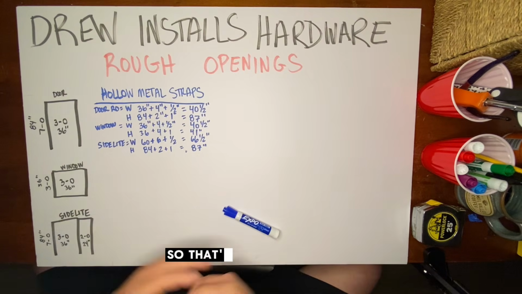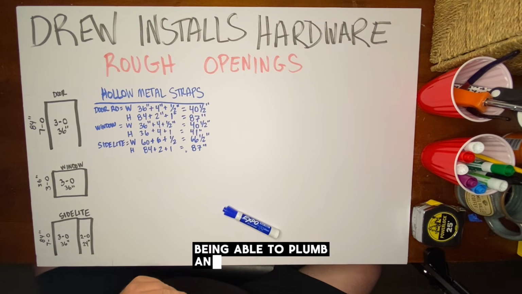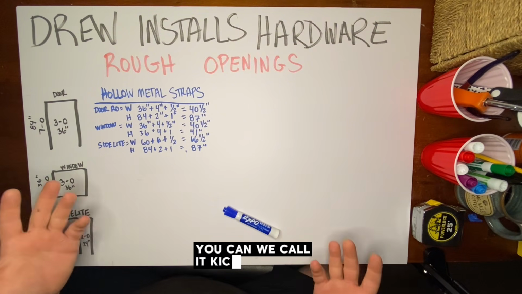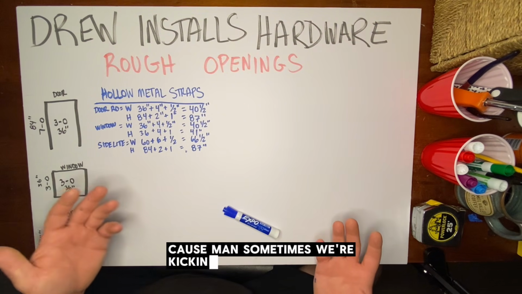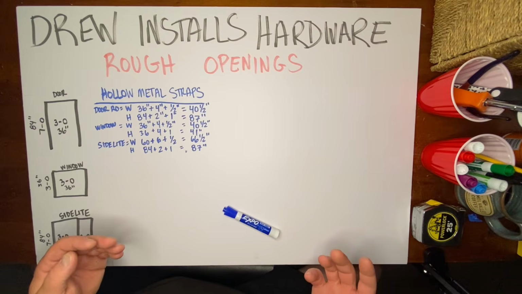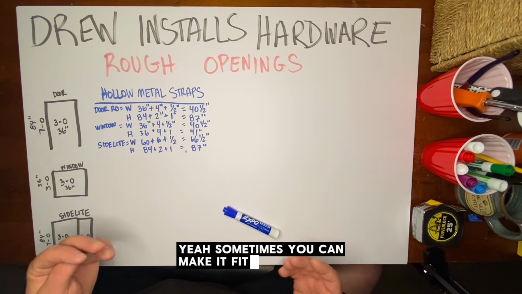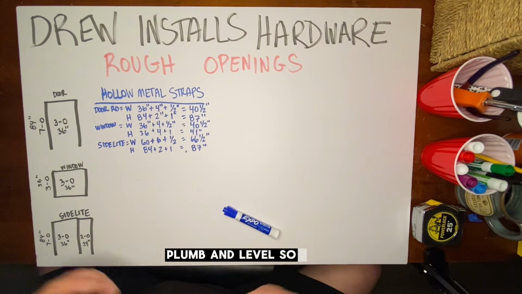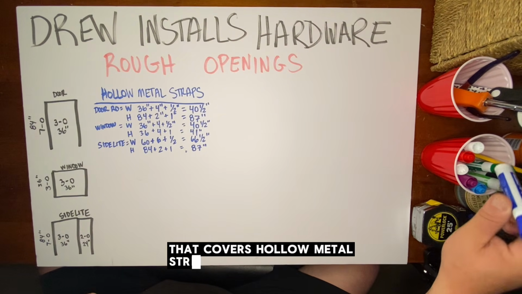So that's what's important. Being able to plumb and level is the most important. Sometimes you can, we call it kicking in frames because sometimes we're kicking them. So yeah, sometimes you can make it fit, but that doesn't mean that you're going to be able to set it plumb and level. So anyway, that covers hollow metal strap frames.